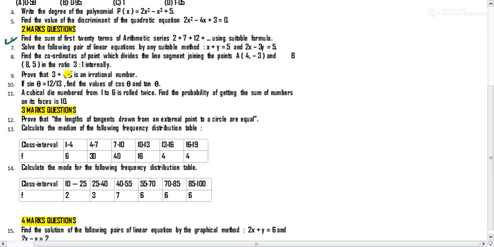Okay. So let us see one question. What is the question? Find the sum of first 20 terms of the arithmetic series 2 plus 7 plus 12 using a suitable formula. See here, when you get a 2 mark question, it will mostly be based on some formula.